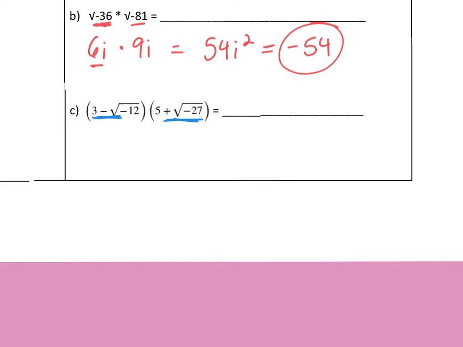So how I would do that is I just take the radical, square root of negative 12, and put that into an imaginary number. 12 breaks down to 4 and 3, and 4 breaks down to 2 and 2. And we obviously have an i outside as well, right? So this is just 3 minus 2 square root of 3i.